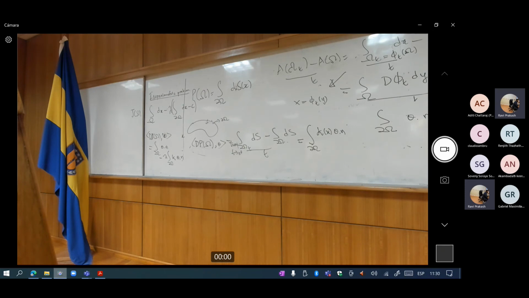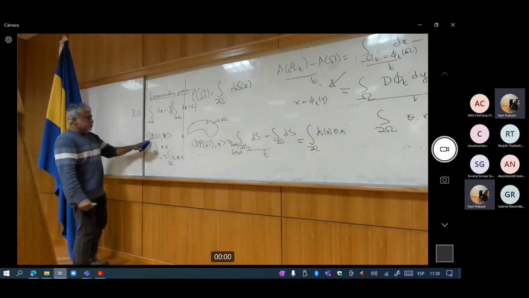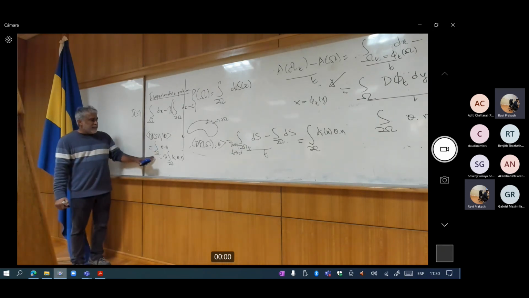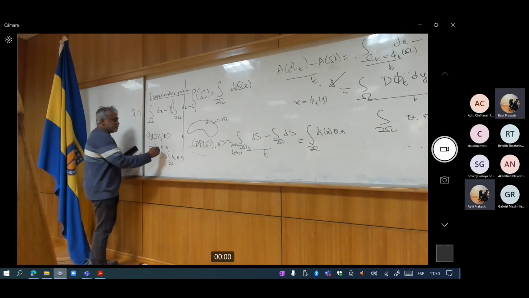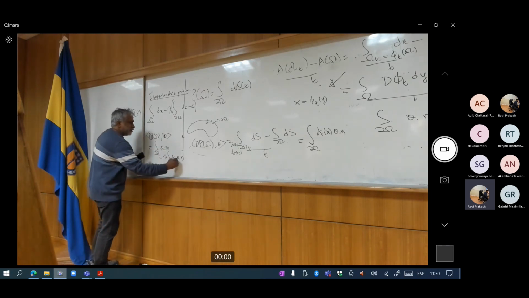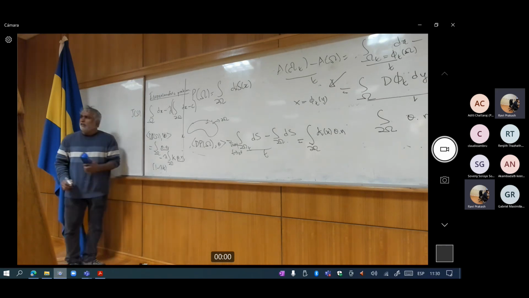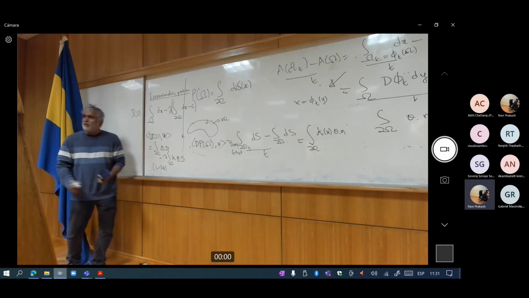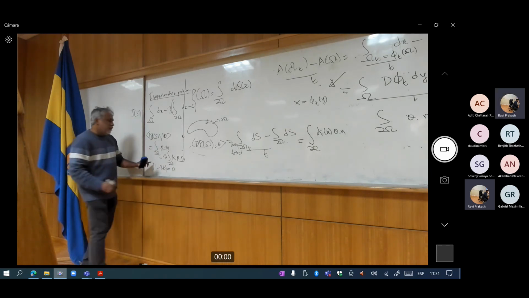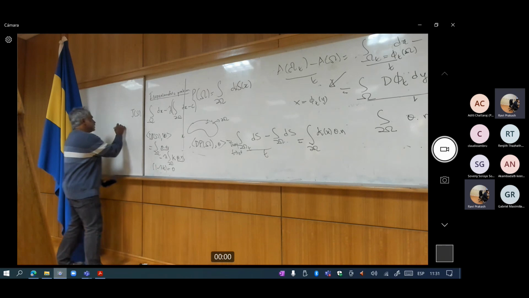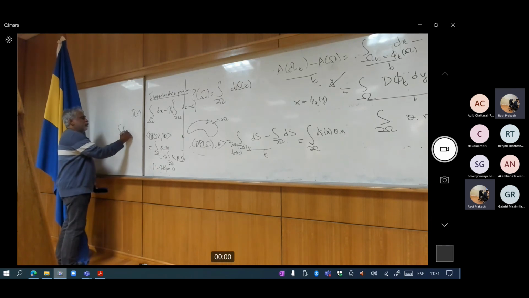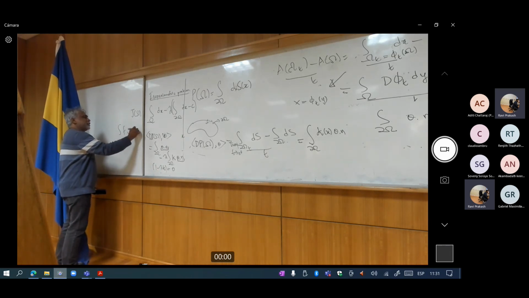Okay, so the first order condition will say for all theta, this integral vanishes, which means for any perturbation. Since this is arbitrary, 1 minus lambda kappa, the curvature, has to be 0. Because if you have a function such that for all test functions the integral is 0, then this implies the function itself is 0.